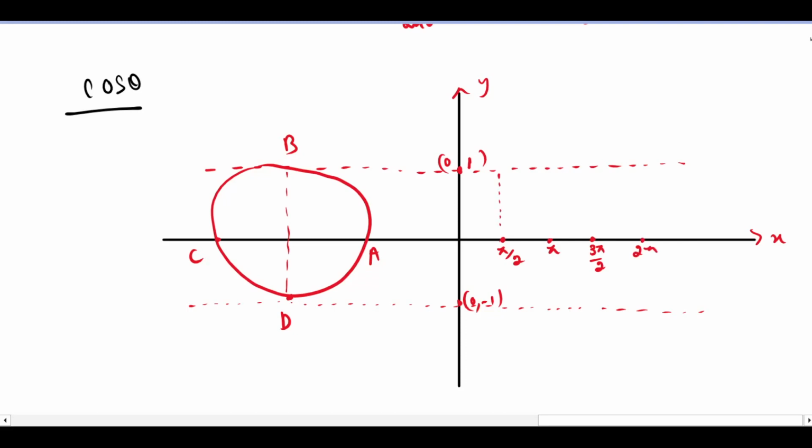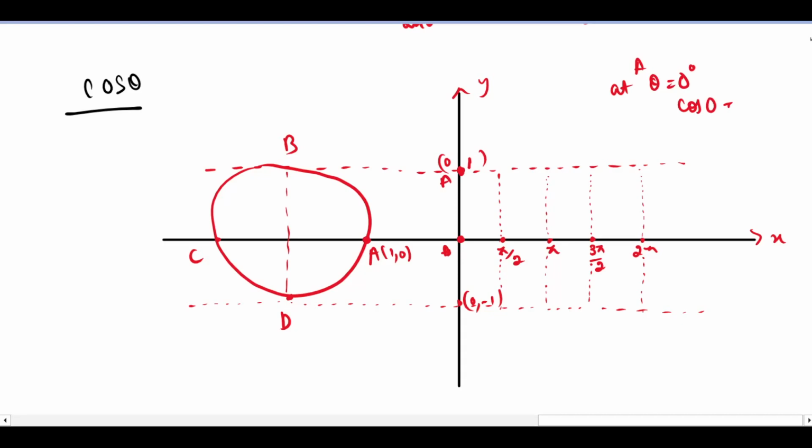So at point A 1 comma 0, this is point A. At A theta is 0, so cos 0 is 1.